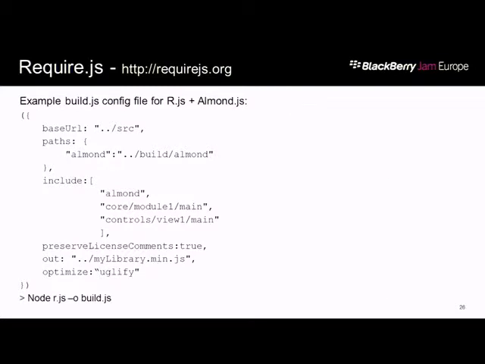You pass in your path to Almond.js, and then you just include everything that is required of your application. Now, it can also strip out comments, etc., but some people may prefer or actually are required to leave those in. And then you just define an output file as well as how you'd like to optimize or minify your final file. So you can use uglify.js if you'd like.